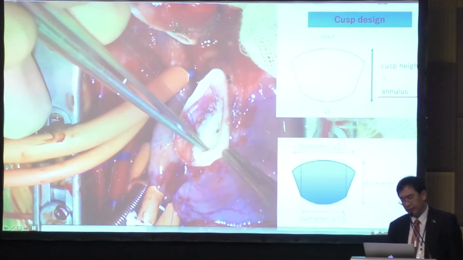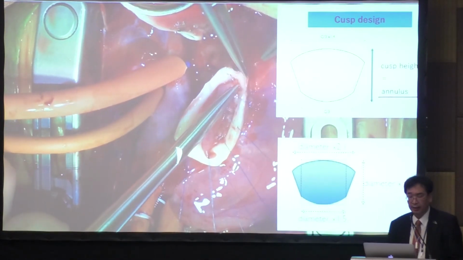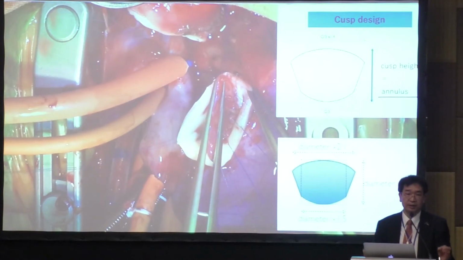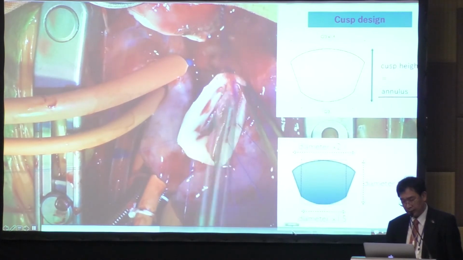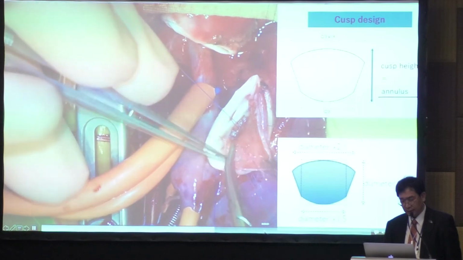Usually after reconstruction of the cusp, I adjust the cusp form together with the central stitch or peripheral stitch and others. Anyway, you can see the other side I make.